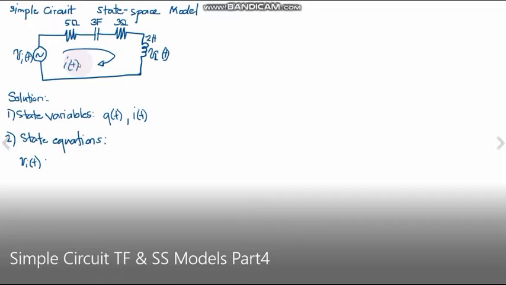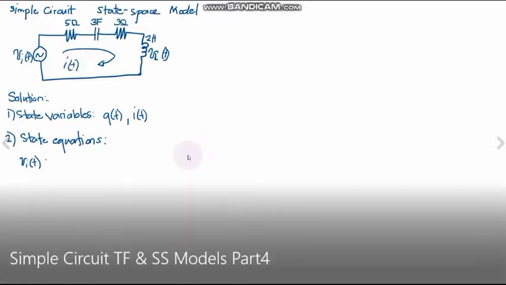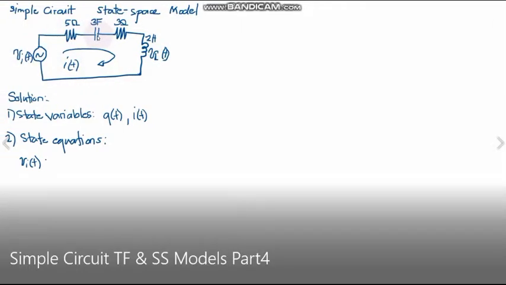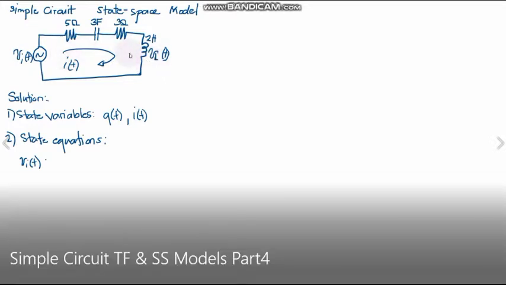So, as I have mentioned before, there are many variables in this circuit, no? Not just the q(t) and the i(t). It's also the voltage drop across this resistor, the voltage drop at the capacitor, the voltage drop at this resistor again, and the voltage drop in this inductor. They are also variables, and of course the current within this circuit is also a variable, and of course the charge in this capacitor.